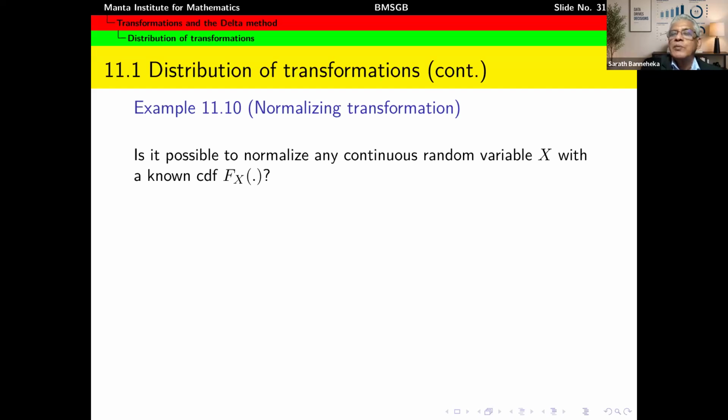Suppose you have some data coming from some distribution of X. Suppose you want to convert these data into normal data, that is, normalize the data in the variable X. You already have some data from a random variable X, and you want to convert them into normal data. We call it normalizing. So how can we do that?